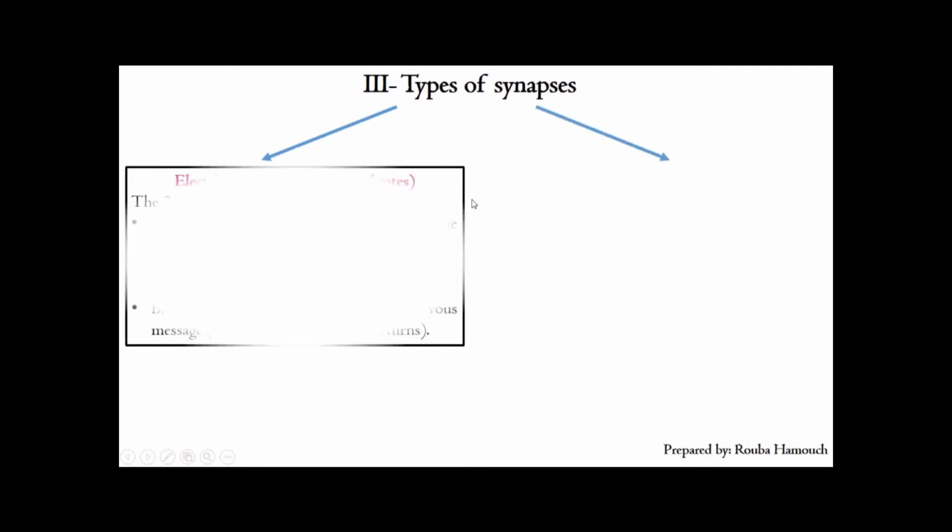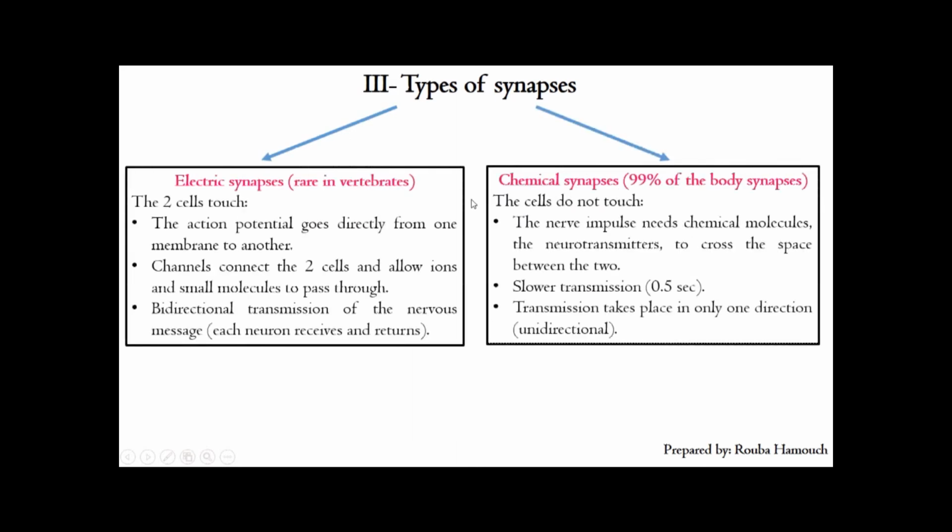The types of synapses. In fact, we have two types of synapses: the electric synapses and the chemical synapses. The electric synapses are very rare in vertebrates. In these synapses, the two cells touch. There is no space between the two cells, and the action potential goes directly from one membrane to another.